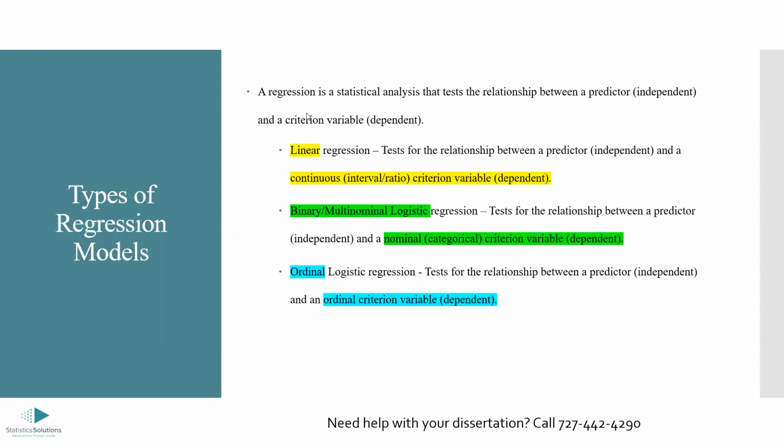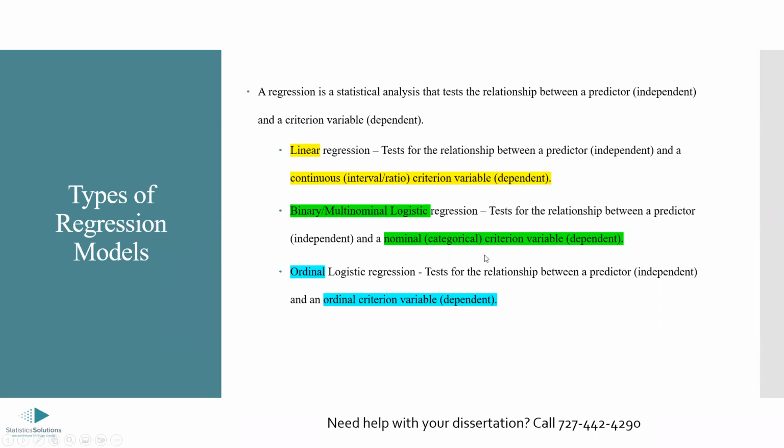So I think we were previously discussing the levels of measurement, and based on the dependent variable that is in your study, you can then decide what type of regression model to use.